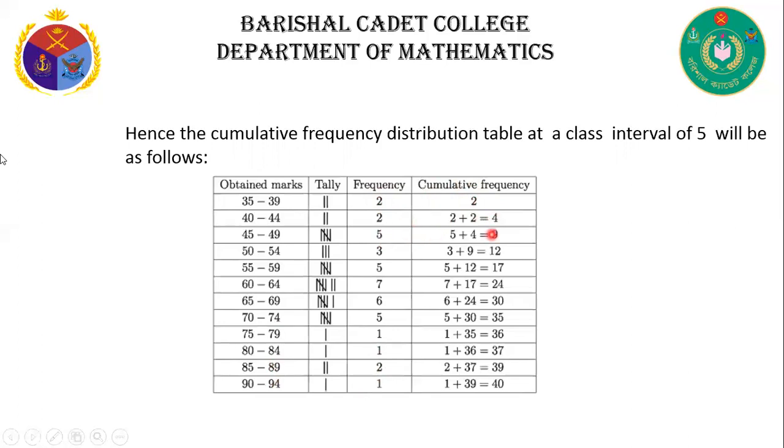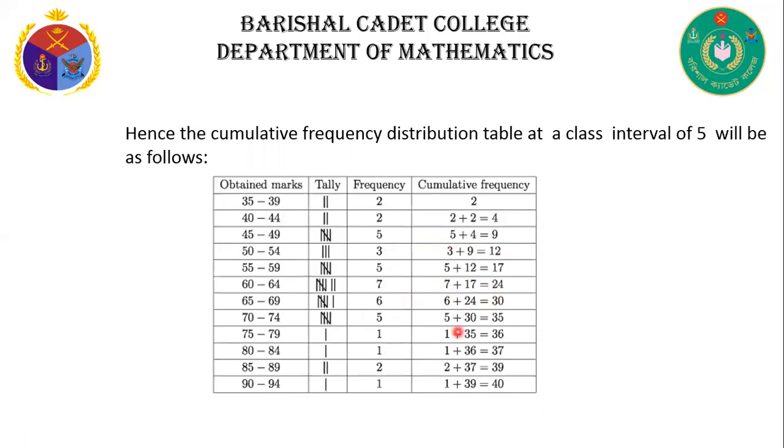Then 9 plus 3, that means 12. Then 12 plus 5, the cumulative frequency is 17. Then 17 plus 7, that means 24. And 24 plus 6, that means 30.